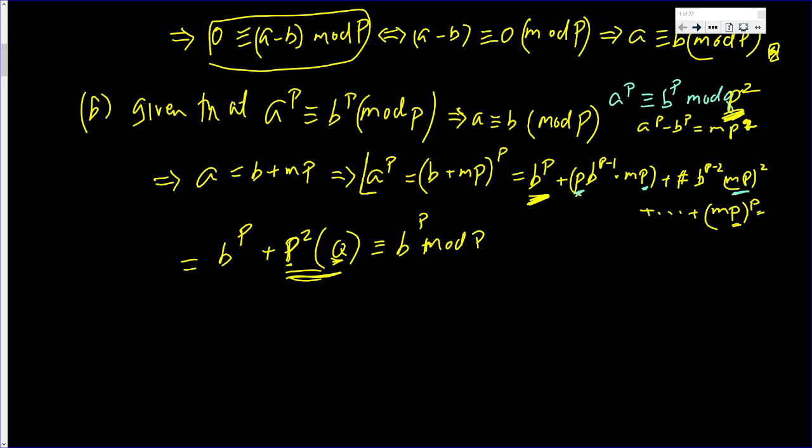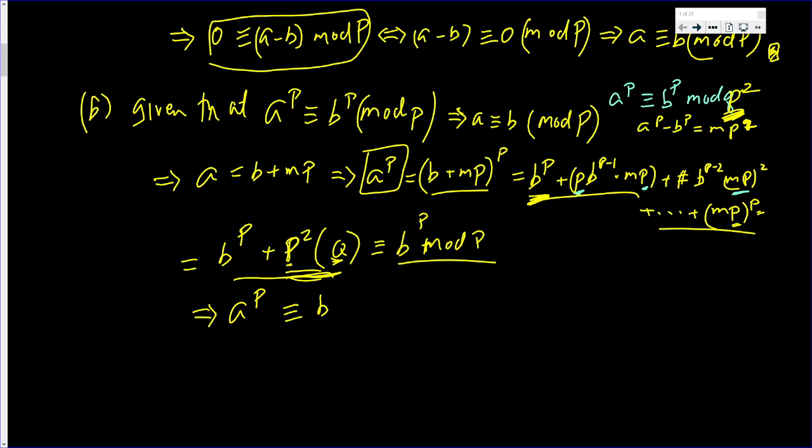So what we have is that a to the p, which equals this, which equals that, which is congruent to b to the p mod p squared.